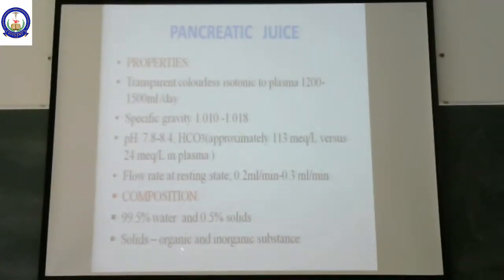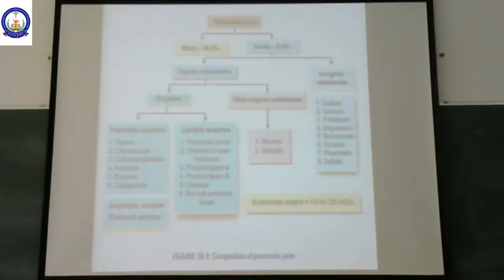Solids include both organic as well as inorganic substances. So what are the different organic and inorganic substances? The pancreatic juice contains 99.5% water and 0.5% of solids, which includes organic and inorganic substances.